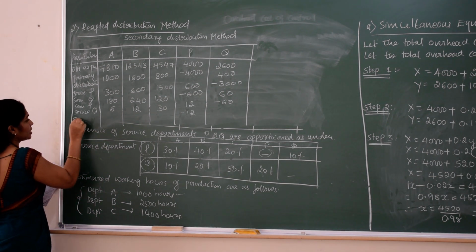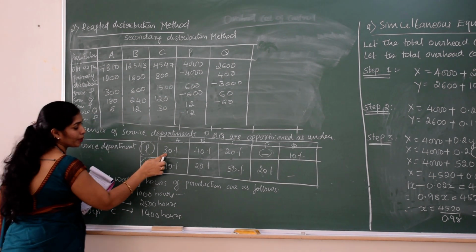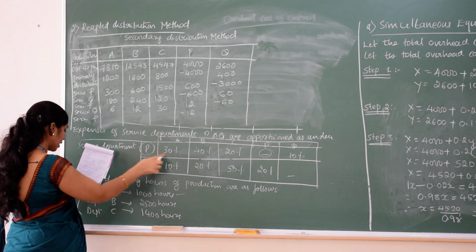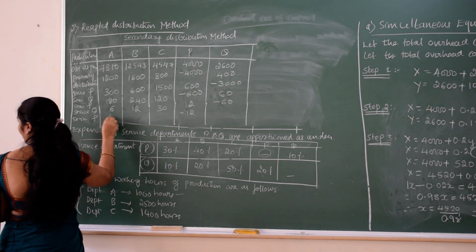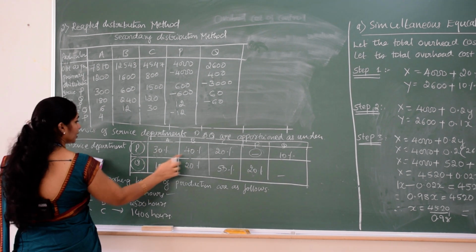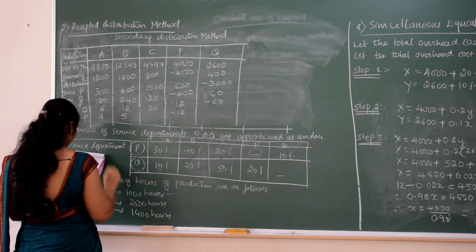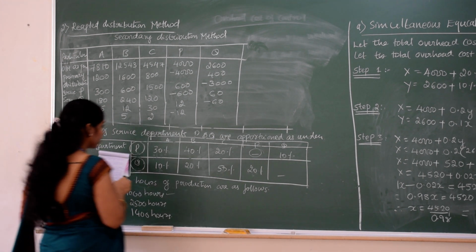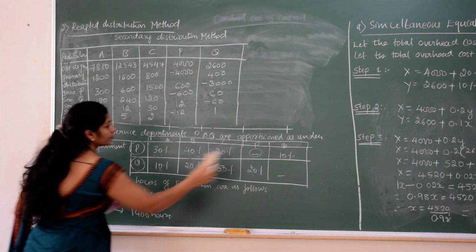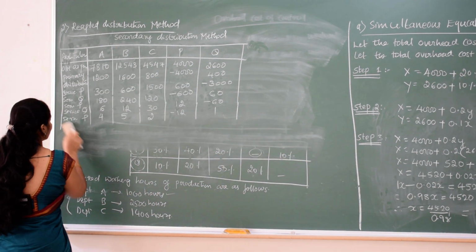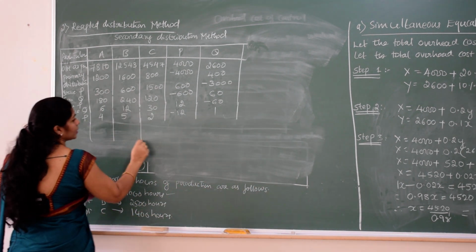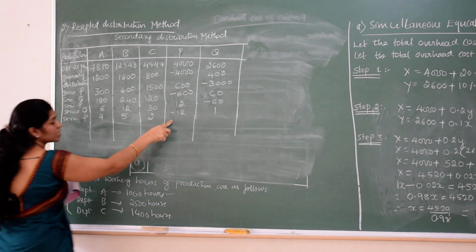Here P's ratio for production department A is 30%. 12 into 30% comes to 4, then 12 into 40% is 5, then 2, and 1. Lastly, service department P is nil.